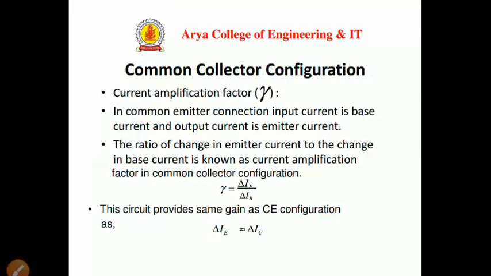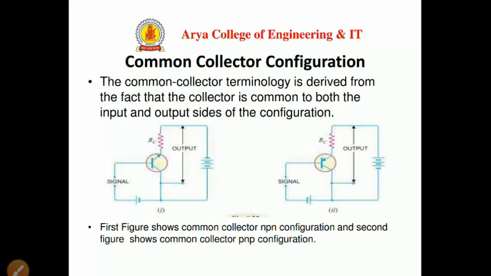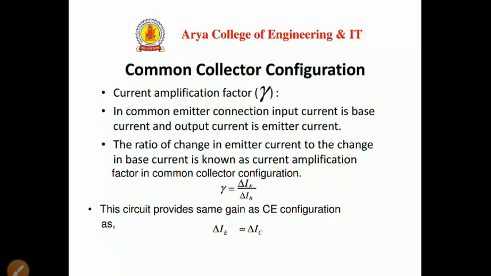In the common collector configuration, we have another current amplification factor, that is gamma. In common collector configuration, input current is base current and output current is emitter current. Clear? You can see in this image, input current is base current and output current is emitter current. The ratio of change in emitter current to the change in the base current is known as the current amplification factor in common collector configuration.